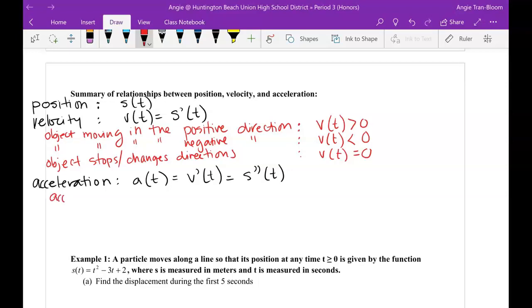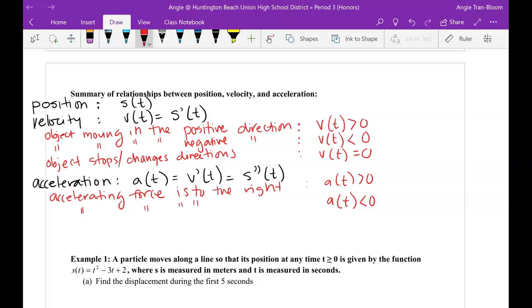What happens when a of t is less than 0? That means the accelerating force is to the left.